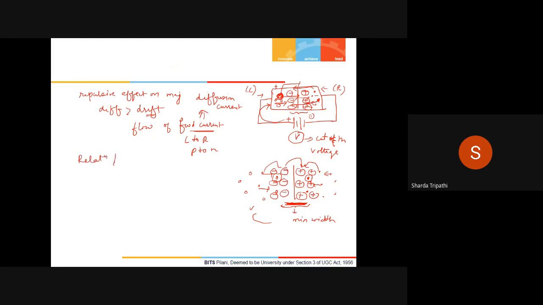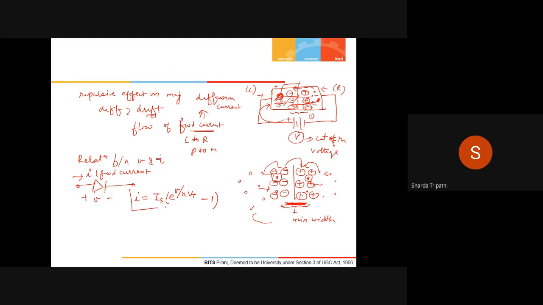If we want to see the relation between V and I, so if this is my diode and this is the forward current which is going to flow through this diode, causing a voltage drop of small v, then the relation between V and I is given as I is equal to I reverse saturation multiplied by e raised to the power of V divided by eta Vt, minus 1.